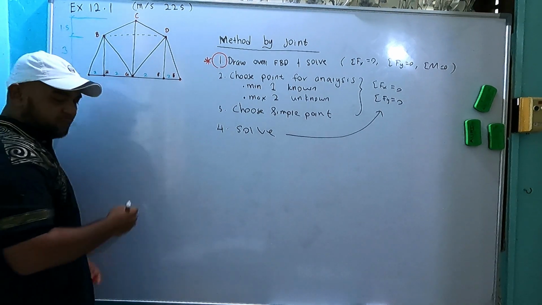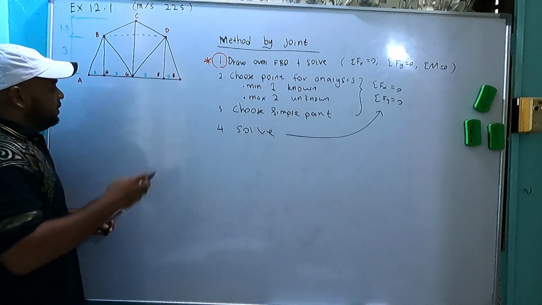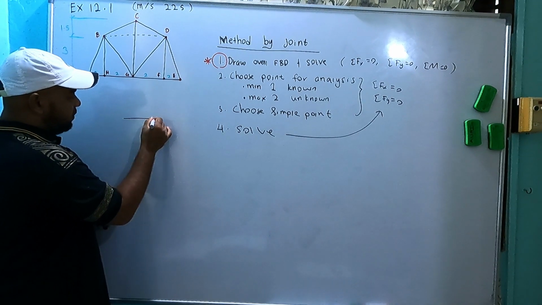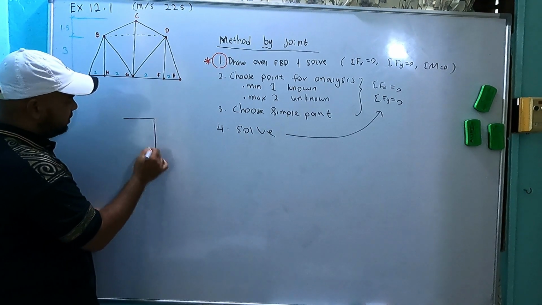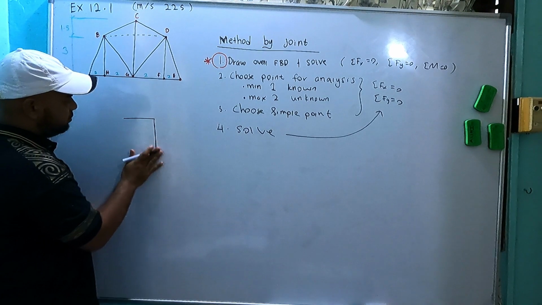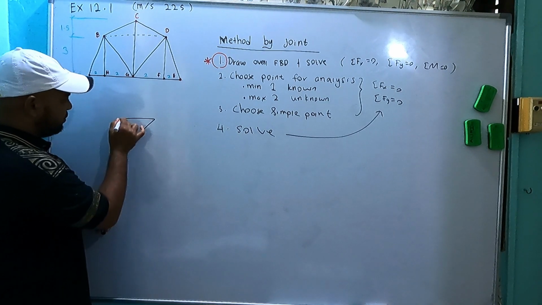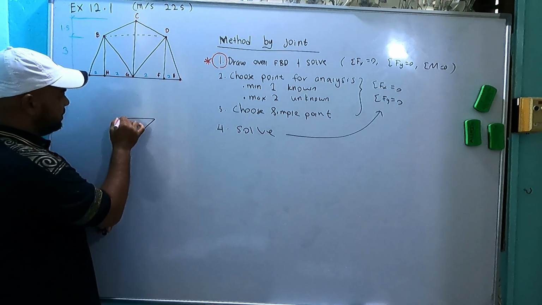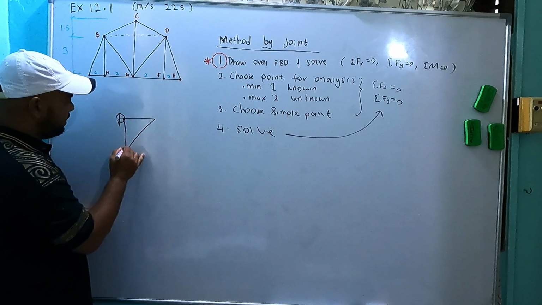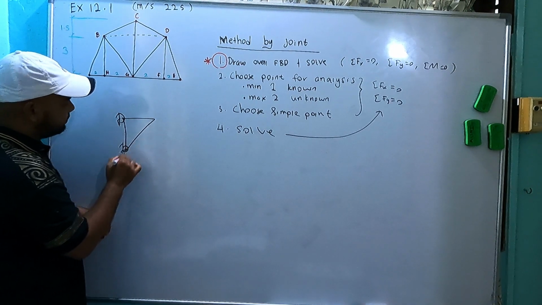So for example, the simplest one, if we have this type of component, let's say we have a pin here and a roller here.